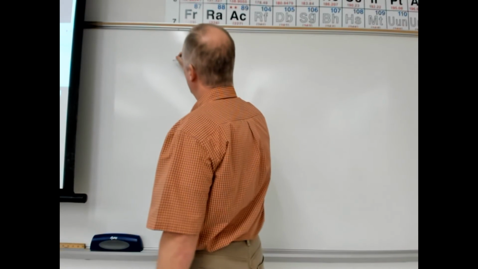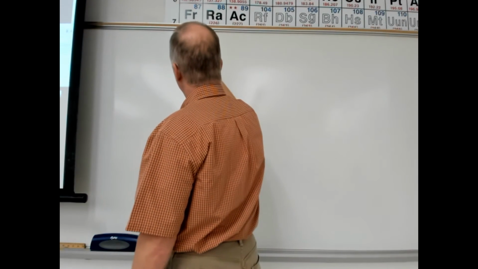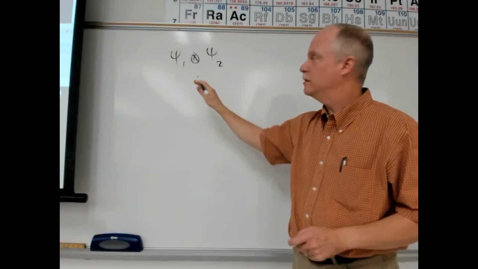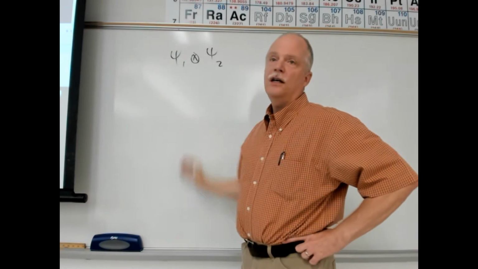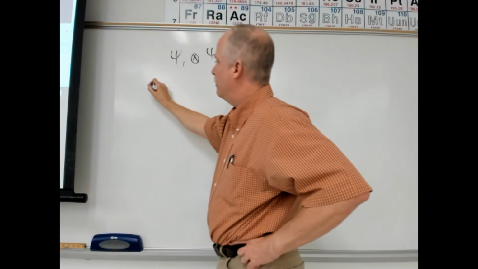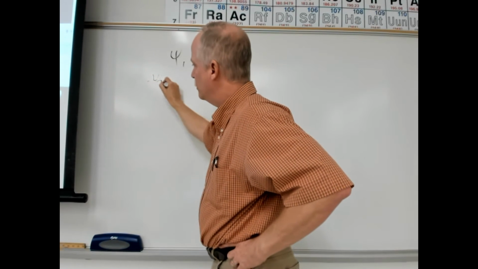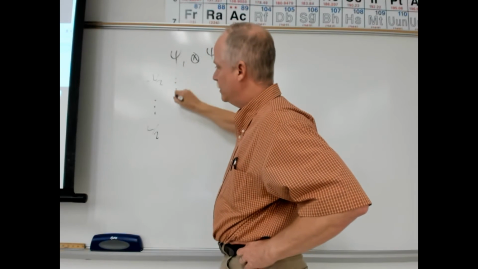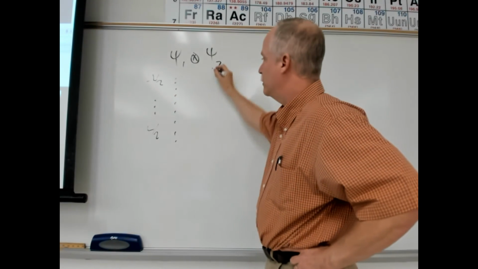So when we have wave function 1 times wave function 2 using this direct product operator, if we were to look at this in Excel, we have minus L over 2 down to L over 2. And wave function 1 has a bunch of numbers. And wave function 2 has a bunch of numbers.